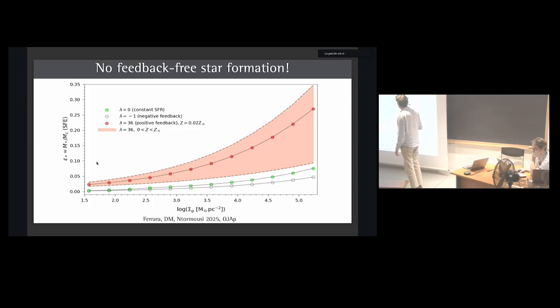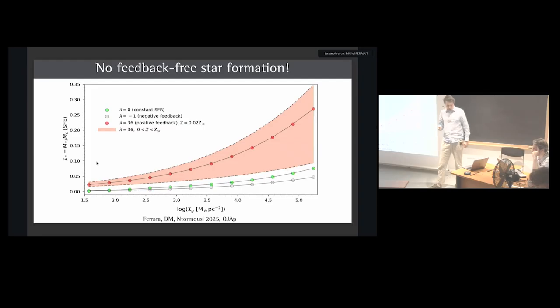And so this line shows the case of 2% metallicity, and the shadow region shows the scatter that you have due to metallicity, because dust can destroy Lyman-alpha photons, and so the higher the metallicity, the lower the force multiplier. But again, you can see that you don't have, in any case, really feedback-free star formation with order unity star formation efficiency because of Lyman-alpha feedback, even at solar metallicity. And even more relevant, for POP3 you would have really very low star formation.